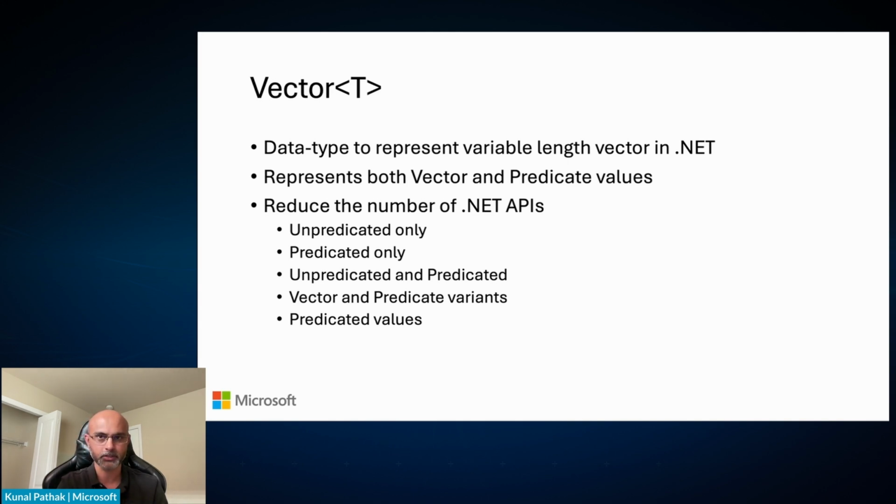We don't have a separate data type for predicate values. I will give you examples of why that worked out for our situation. But it let us express the unpredicated and predicated-only variants of the instructions that SVE introduces, just by using the Vector<T> data type.